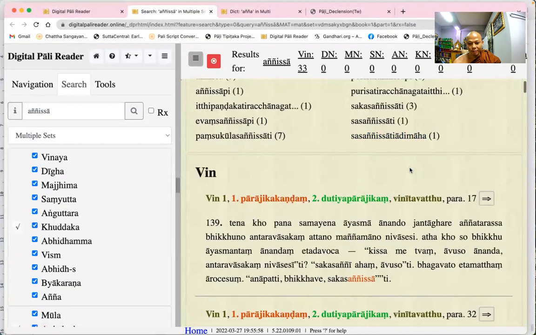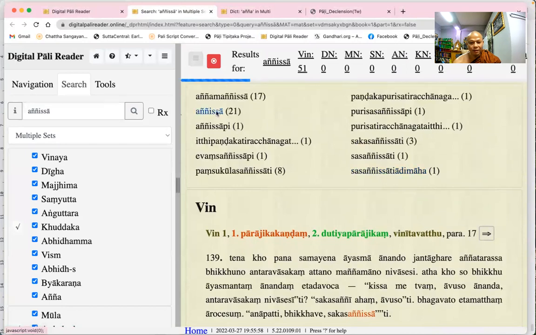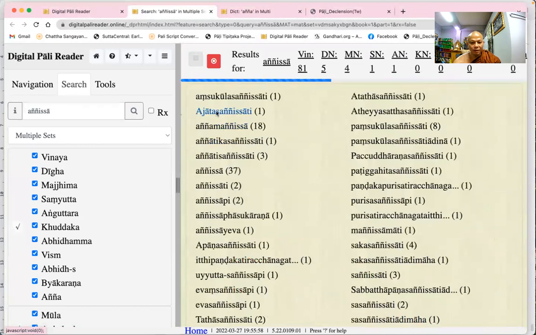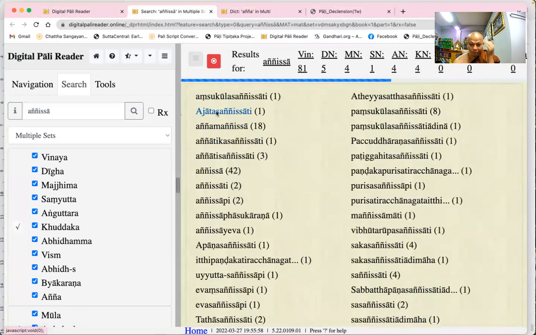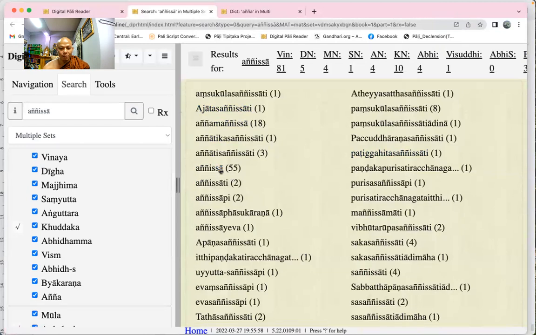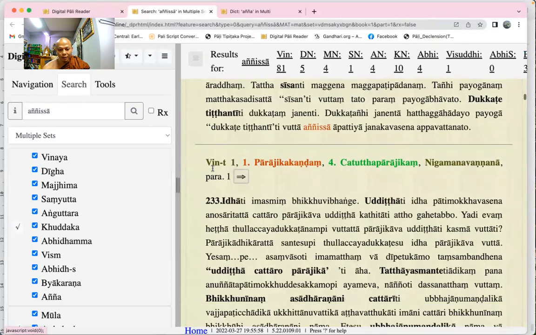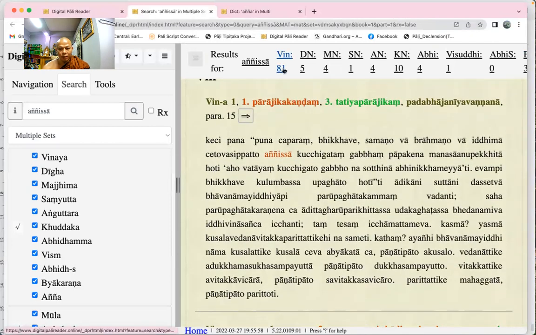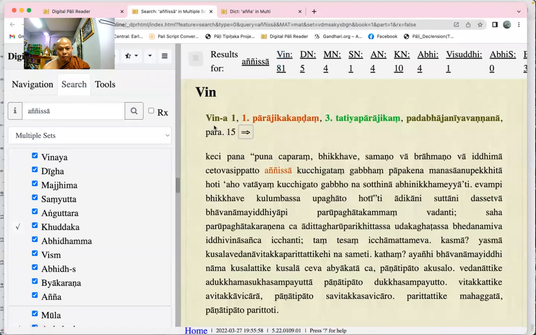Here it appears 55 times. In the Vinaya, 80 times, and that is commentary.